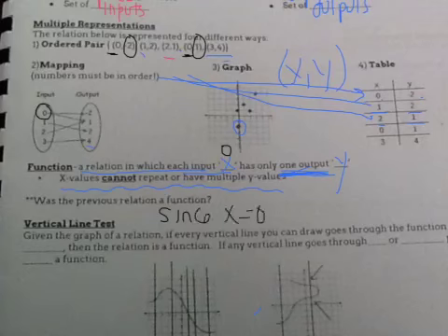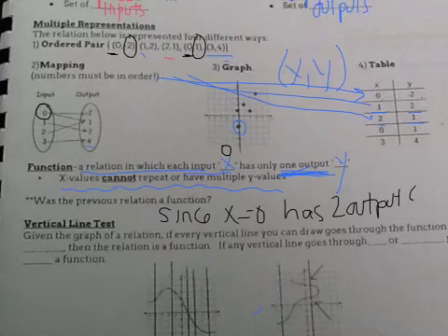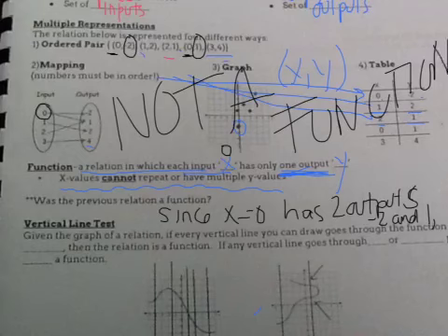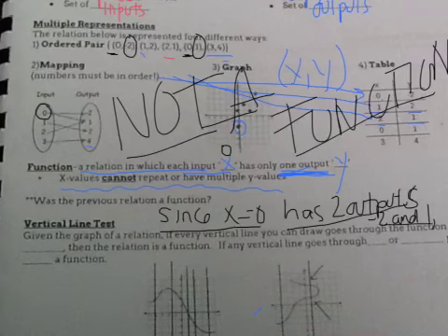Since x equals 0 has two outputs, my two outputs are -2 and 1. This relation here is not a function. Not a function, because an x value of 0 has two outputs.